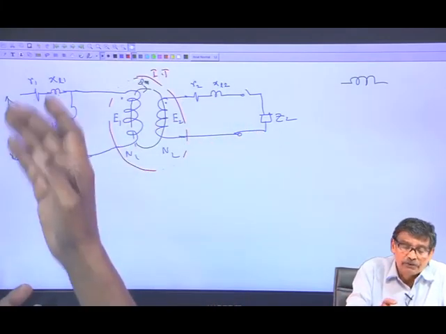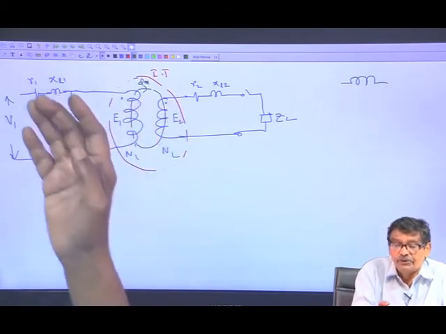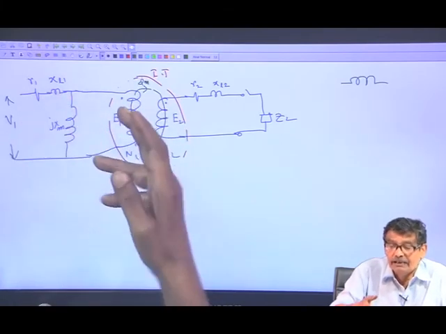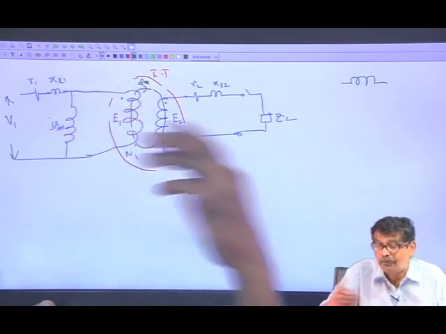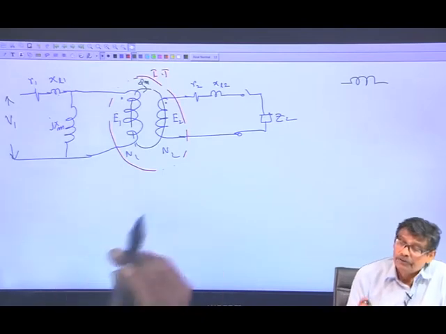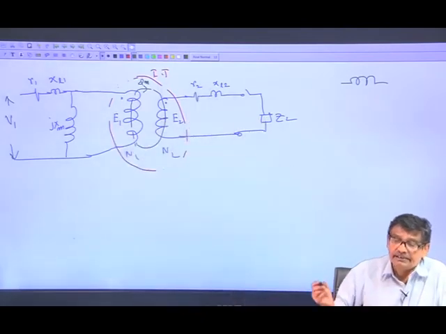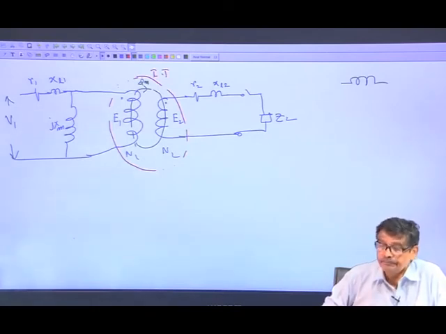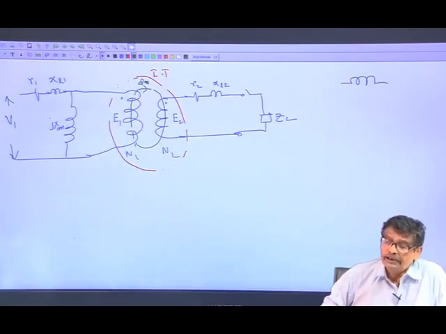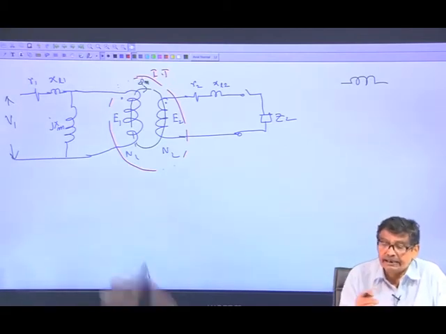Out of this total voltage, the transformer winding impedance consumes so much that less voltage is available for energy transfer. Therefore, remember that this is the situation now. So, the effect of leakage flux can be taken care of.